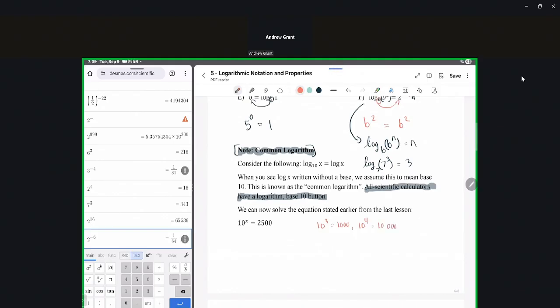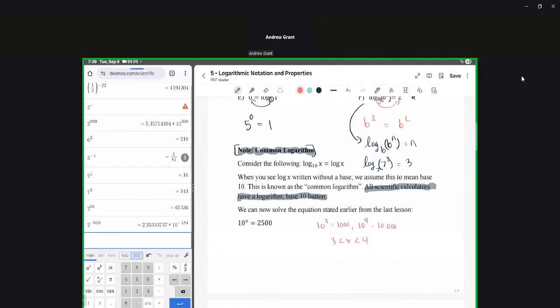So x has to be between 3 and 4. And so we did a test value. If you recall, we said, what about 3.5? It's still a bit high, but it's in the right direction.